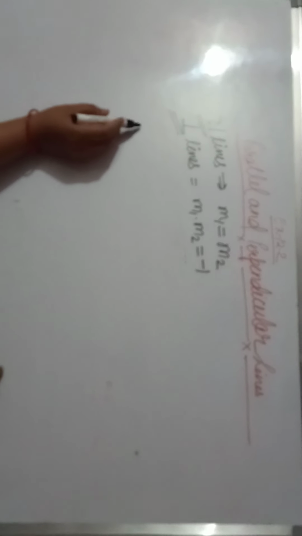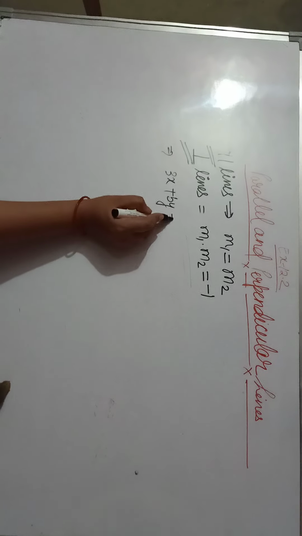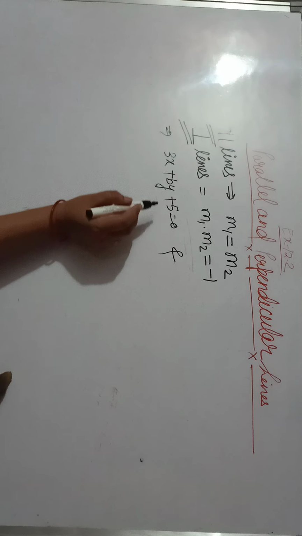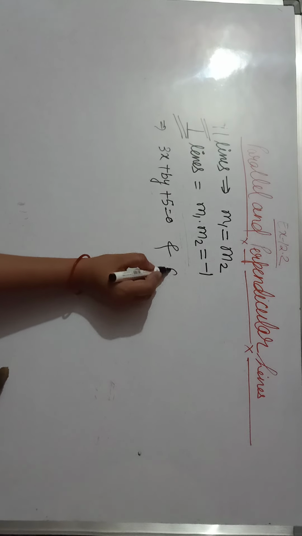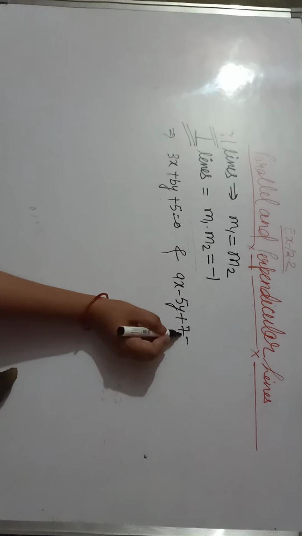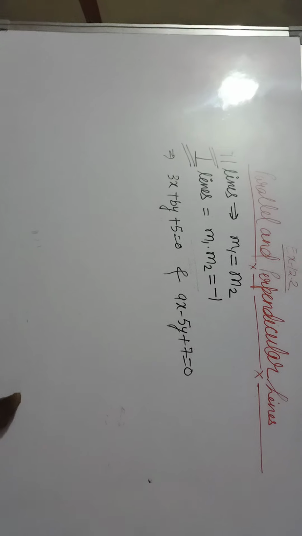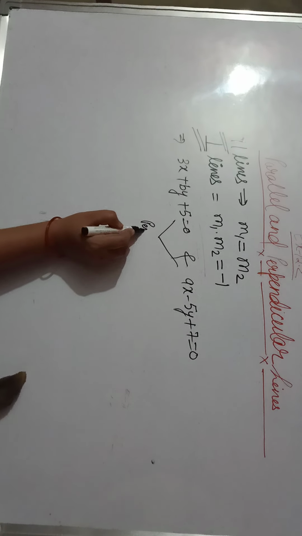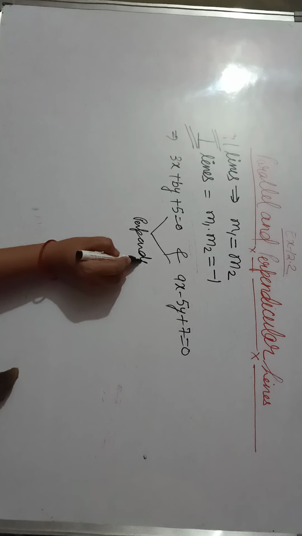So we have the two lines 3x plus by plus 5 is equal to 0 and ax minus 5y plus 7 is equal to 0, and these two lines are perpendicular.